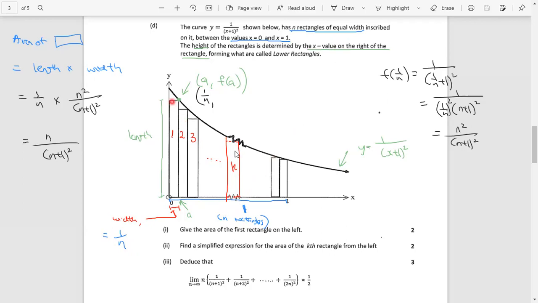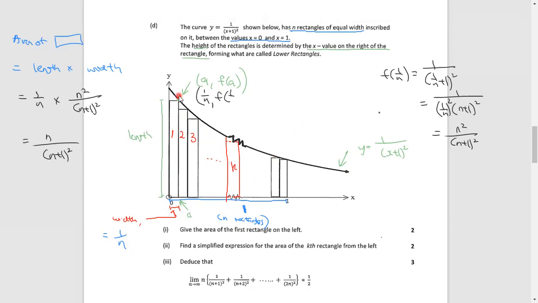Now, the height of the kth rectangle is, well, think about it. The first rectangle was based on 1 over n, right? Now, the second rectangle will be 1 over n across and 1 over n across. So this one is going to be based on 2 over n as the x value.